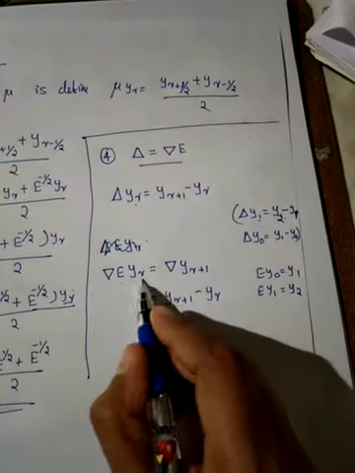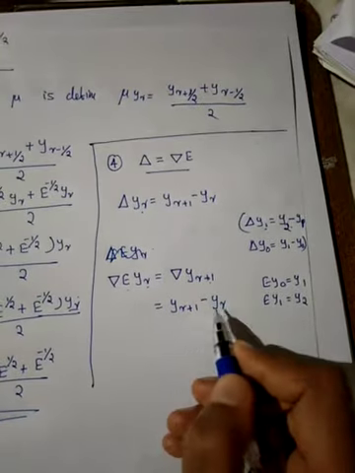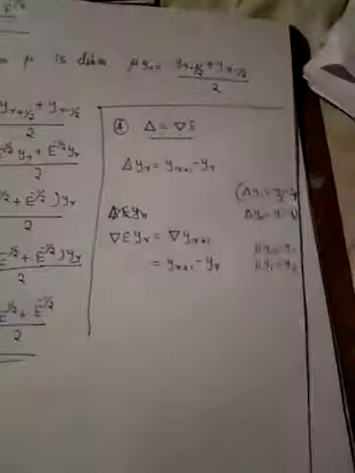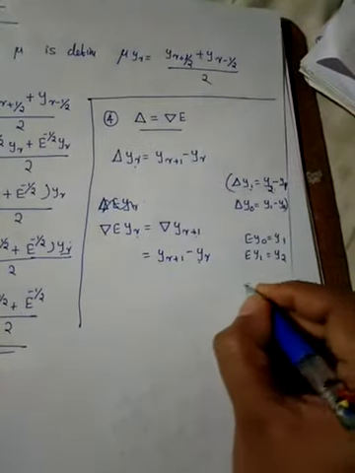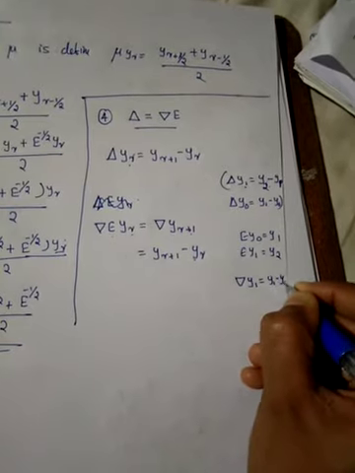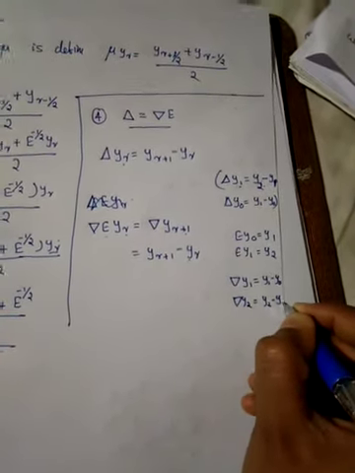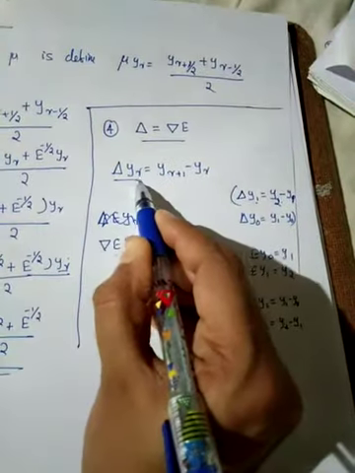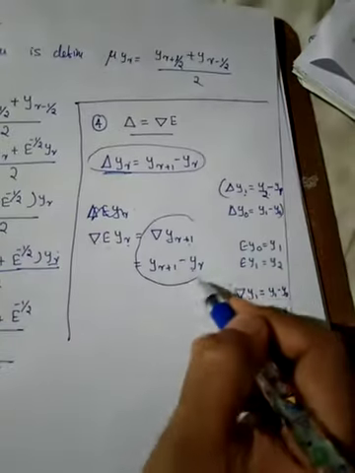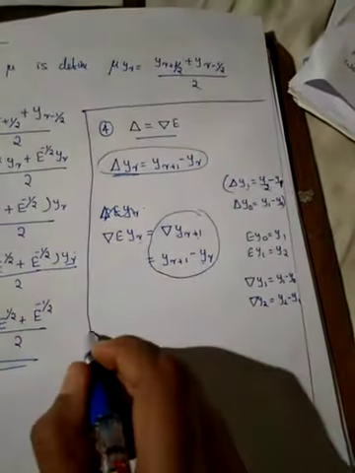So, in general, Eyr equal to yr+1. Then ∇yr+1 equal to yr+1 minus yr in the same definition. That is, ∇y1 equal to y1 minus y0 and ∇y2 equal to y2 minus y1. Here Δ and here ∇. Okay.